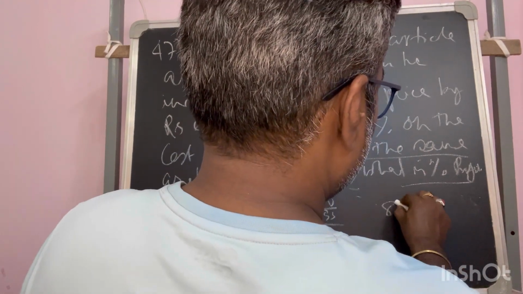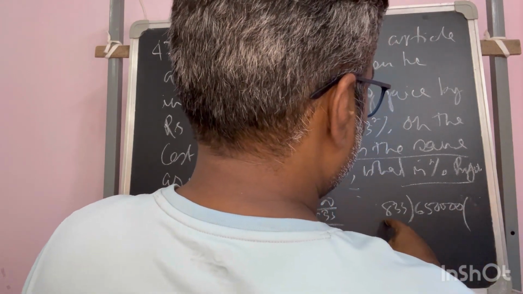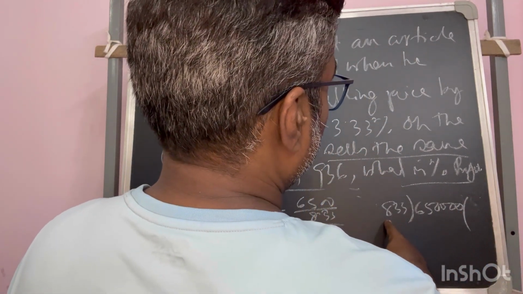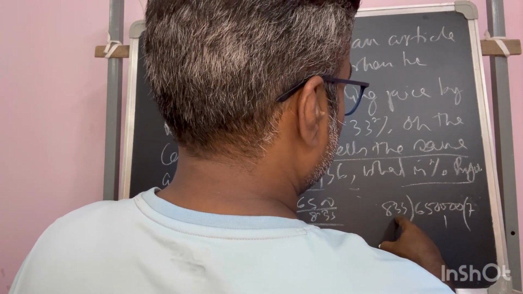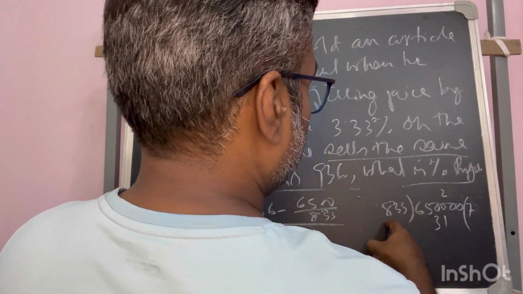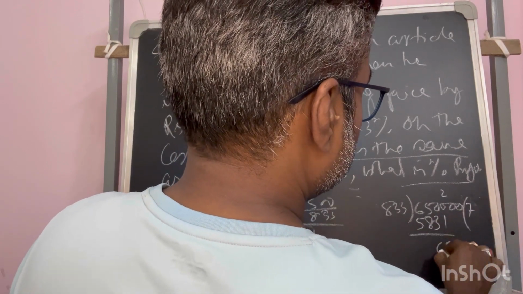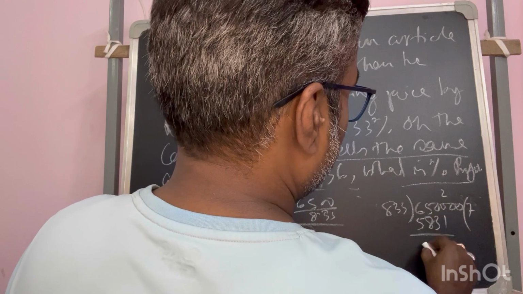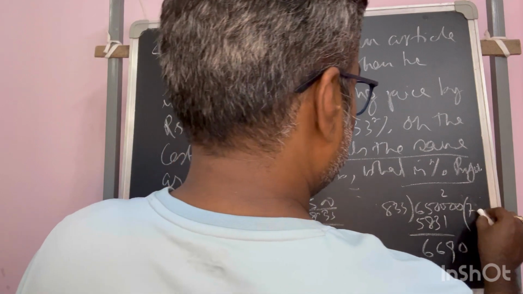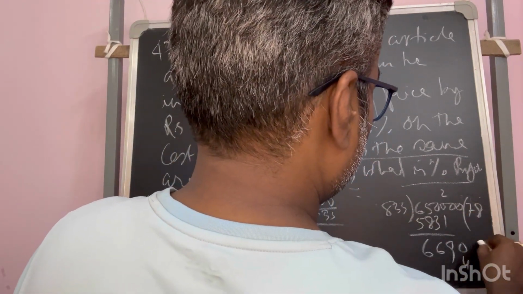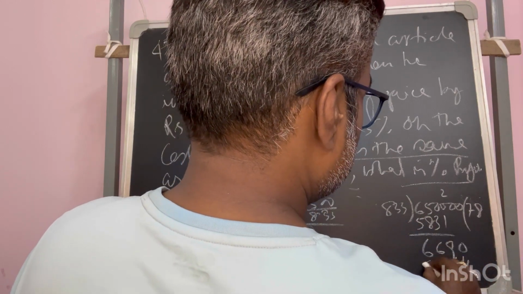So 833, 650000. How much? 64. It will cross. So 7, 7 sevens are 21, 23, 2, 56 and 2, 58, 96956. Okay, 0. How many? 8 eights are 24, 26, 2, 64 and 2, 66.